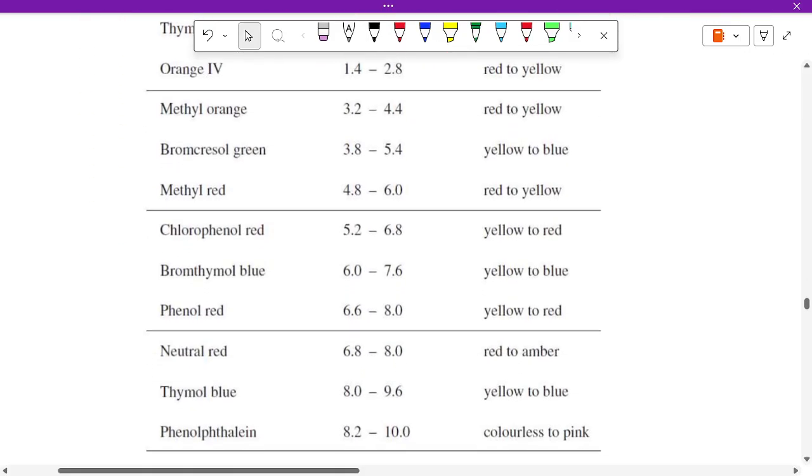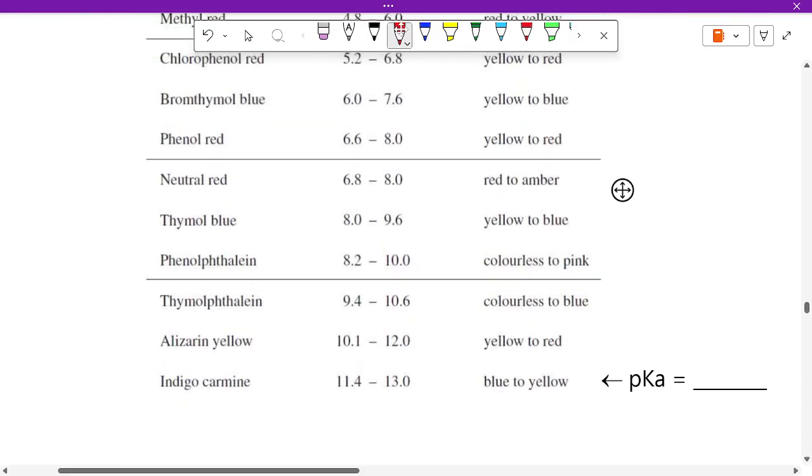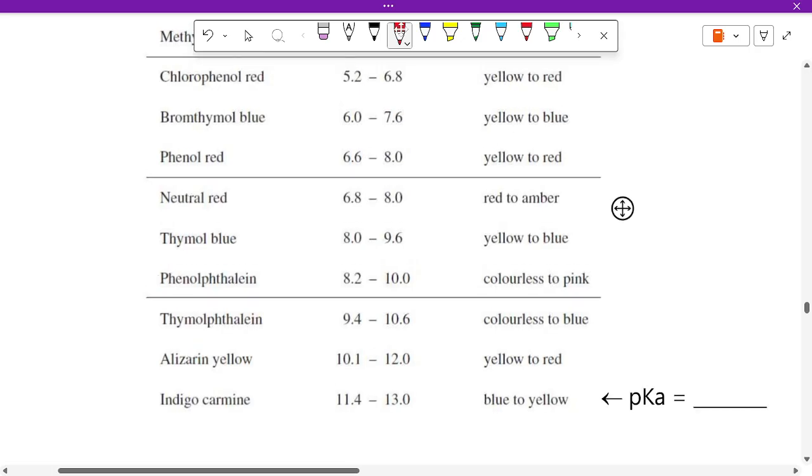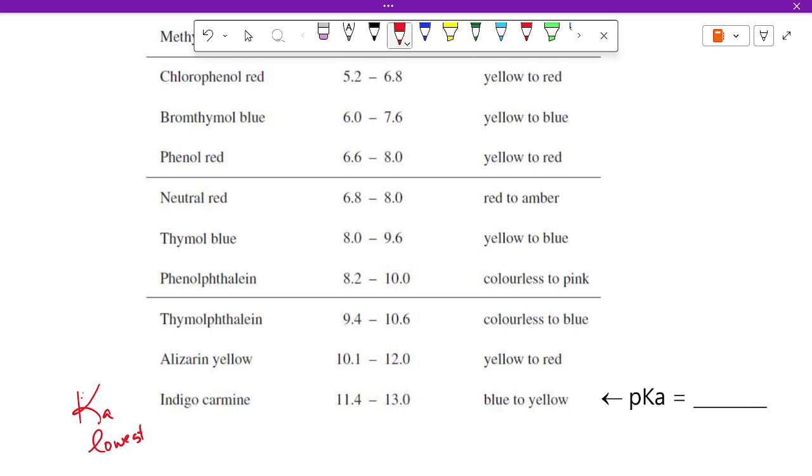Down here, the pKa, or sorry, the Ka is the lowest because the pKa is the highest.